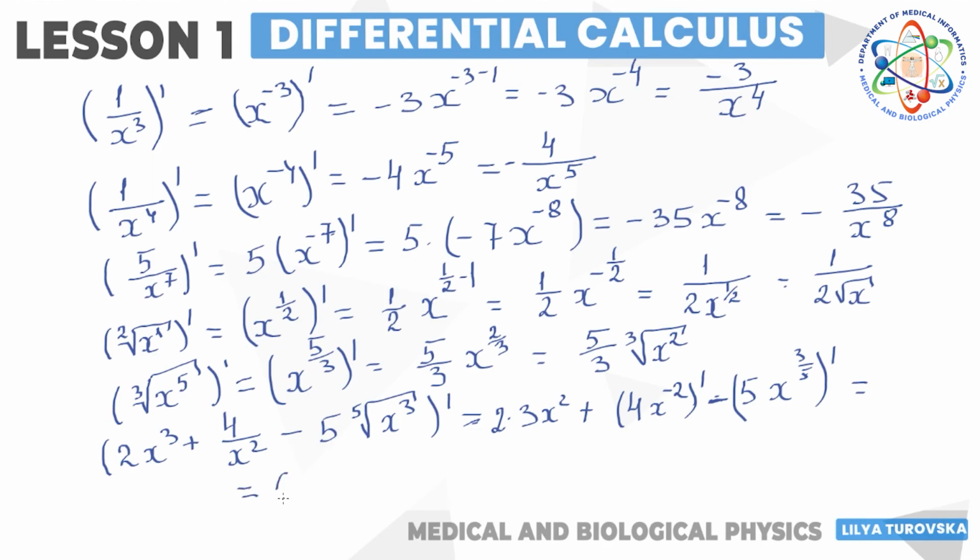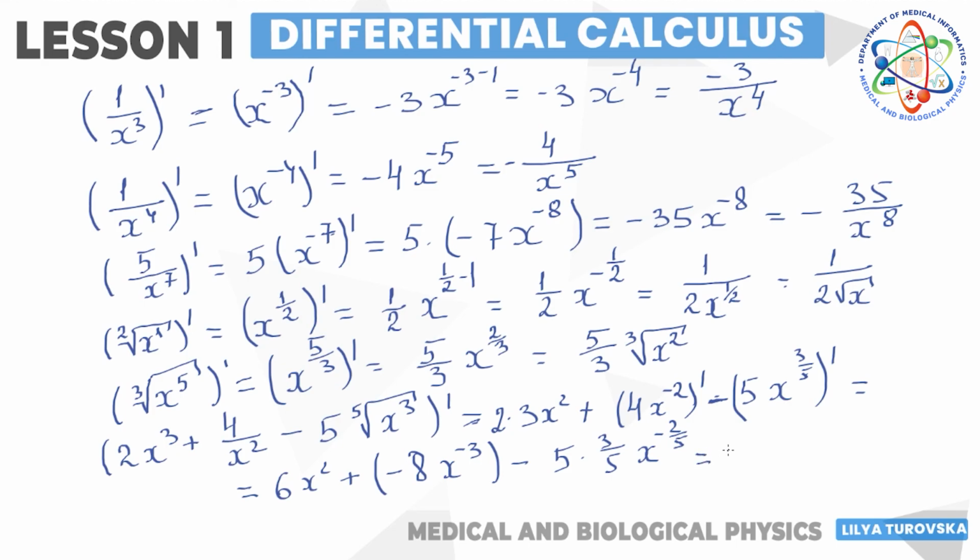And here we get the answer. 2 times 3 gives us 6x squared plus. Here we have 4, it remains the same, and minus 2 goes to the front. We'll get minus 8x to the minus 2 minus 1, which is minus 3. Minus, here what do we have, we have 5. 3 over 5 moves to the front. x to the 3 over 5 minus 1, where minus 5 over 5 is minus 2 over 5.